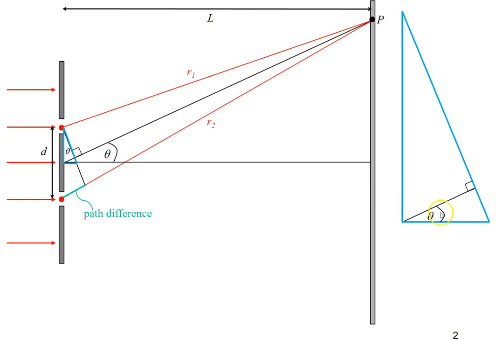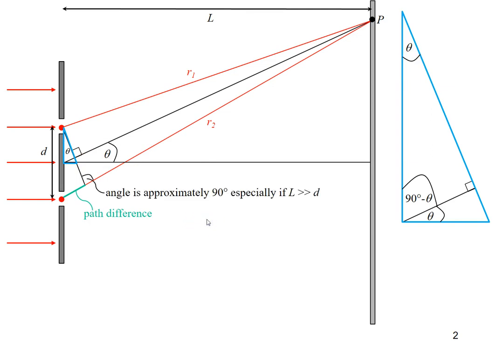This is a right angle, so this right here has to be 90 minus theta, because I have a right triangle right here. This blue triangle is a right triangle. This angle, again, is 90 degrees. So that means if I look at this right triangle, that's got to be angle theta. So that's how we get that that's angle theta.